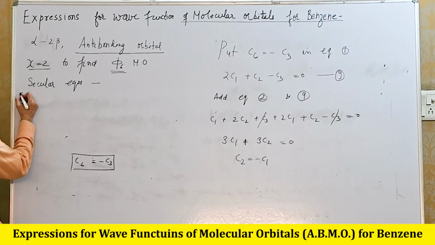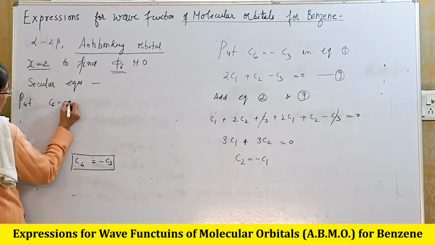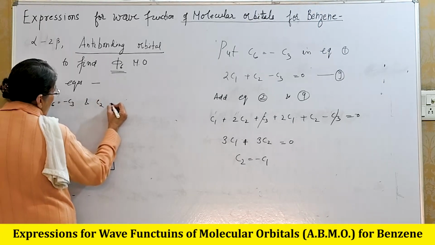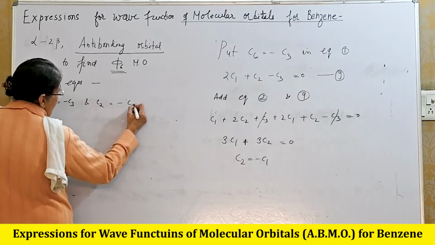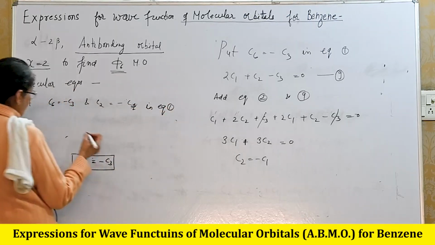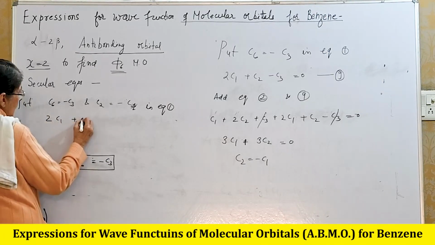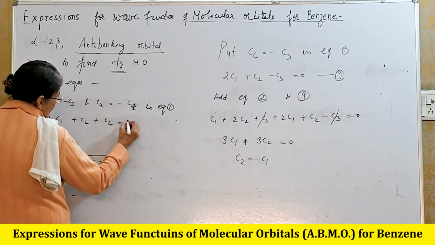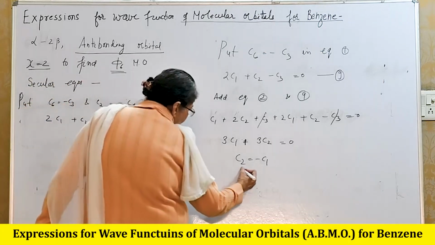Put C6 is equal to minus C3 and C2 is equal to minus C1 in equation 1. Equation 1 is 2C1 plus C2 plus C6 is equal to 0 and C6 is equal to minus C3.